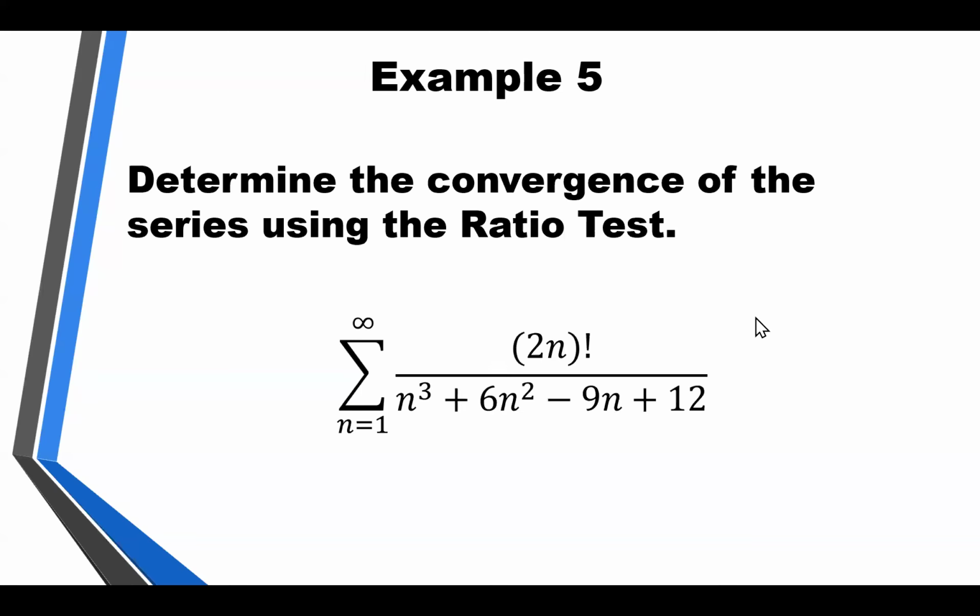Once you do this in the informal sense, some of the infinite series go really, really quick. Like this one in example 5, we have 2n factorial on top and n to the third plus 6n squared minus 9n plus 12 on the bottom. Using the informal version of the ratio test, I just say 2n factorial is going to grow way, way faster than a polynomial.